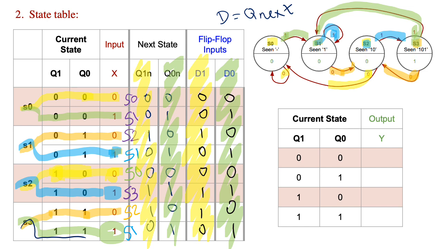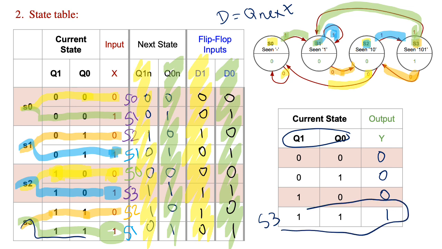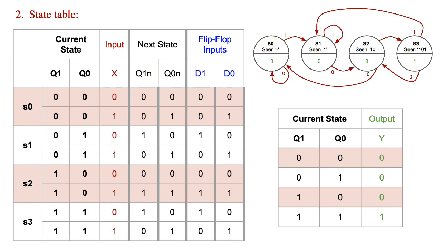So we're going to complete the table based on that. The output will be 0 everywhere except at state 3. So only in state 3, the output is equal to 1. Now we have completed the state table as well as the flip-flop inputs and the output itself.